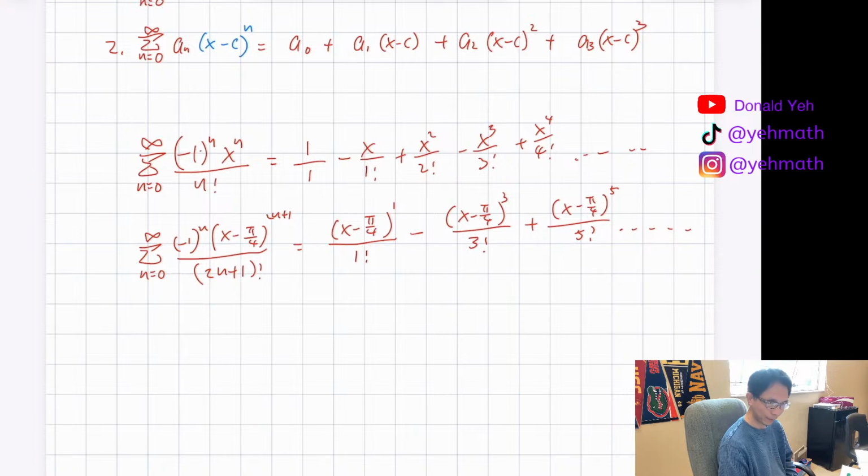And the exponent on the right is x minus pi over 4 to the 2n plus 1. Yeah. 2n plus 1 here, because that's the same as the bottom number. So what's the major difference between those two?